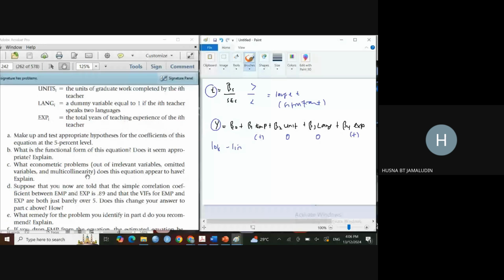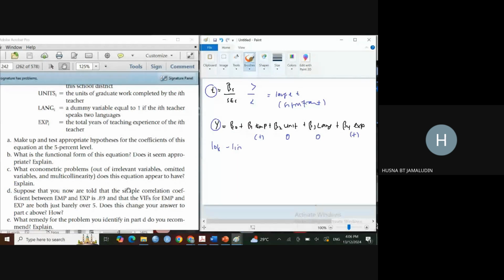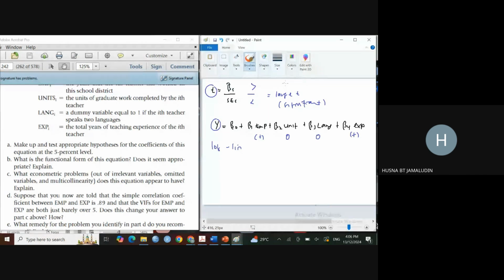What are the other factors? Can you give one or two? What do you think can affect your salary other than experience? At the moment, you only have one factor that affects your salary, experience. What else? Madam, maybe education level, because teachers that have a master's or PhD may have a difference in their salary.